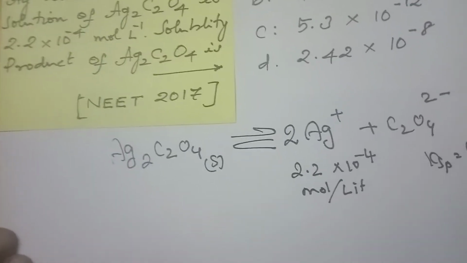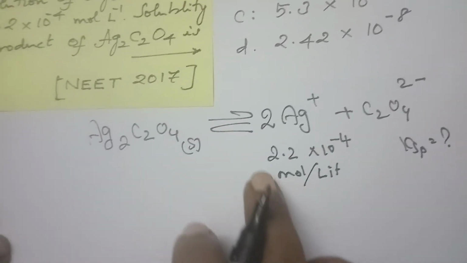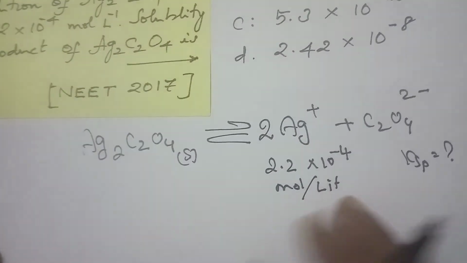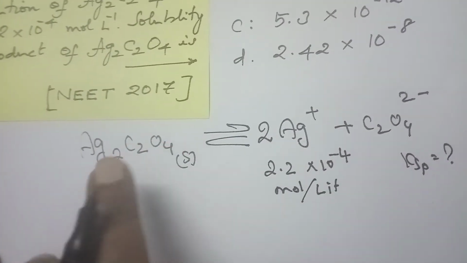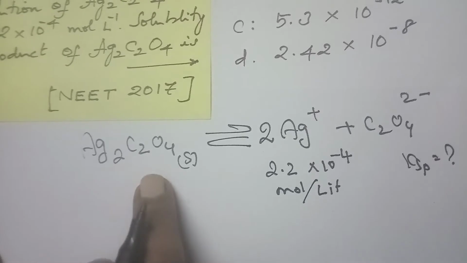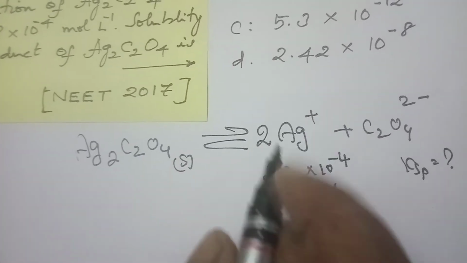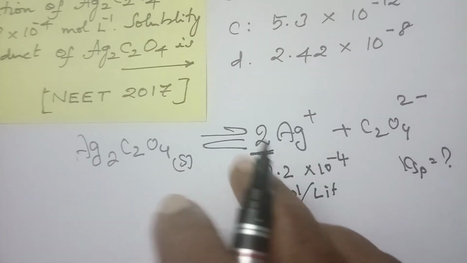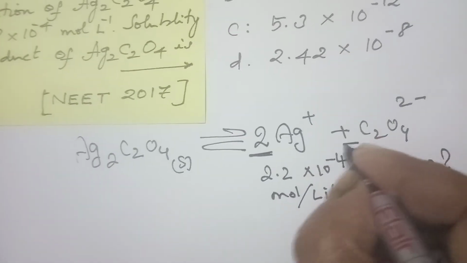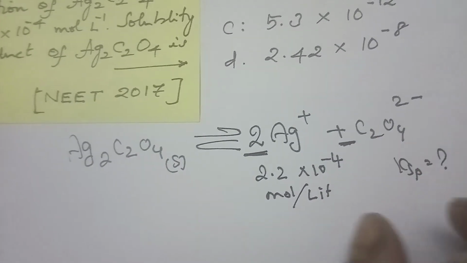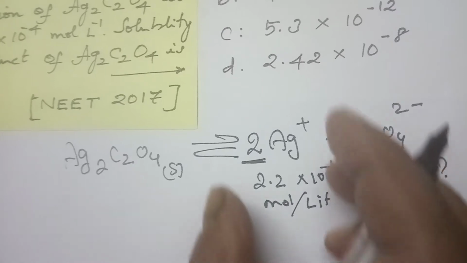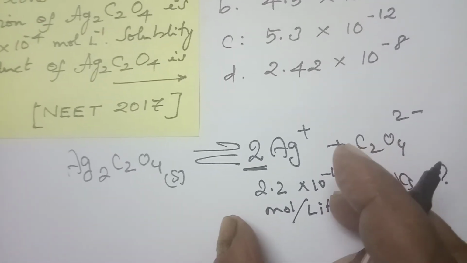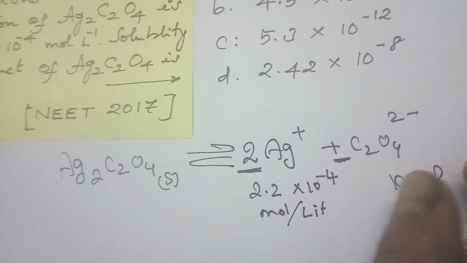Now how to approach the sum: 1 mole of silver oxalate ionized to give 2 moles of silver ion and 1 mole of oxalate ion, by stoichiometry. Now, 2 moles of silver ion means what should be the concentration of oxalate?